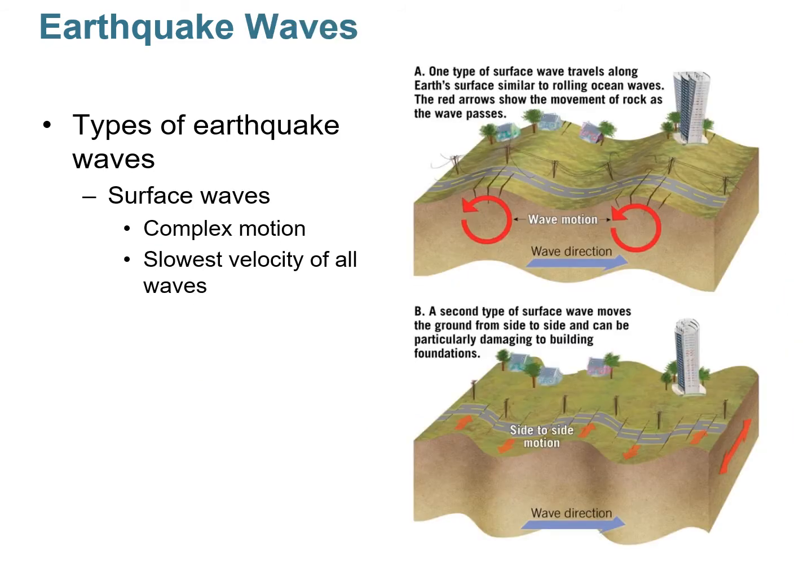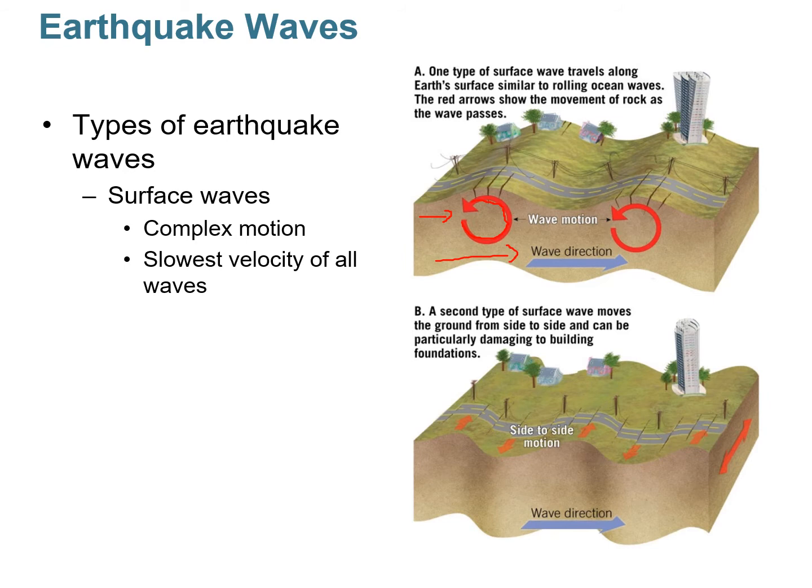And then the last are surface waves. Surface waves show complex motion. You can have two different types. One is this orbital type motion, like as the energy passes through you, it makes the material move as if water in the ocean. A lot of people, after experiencing a major earthquake, will say they felt like they were on the ocean, and they might get disoriented or dizzy, and that's because of surface waves that move through the crust.